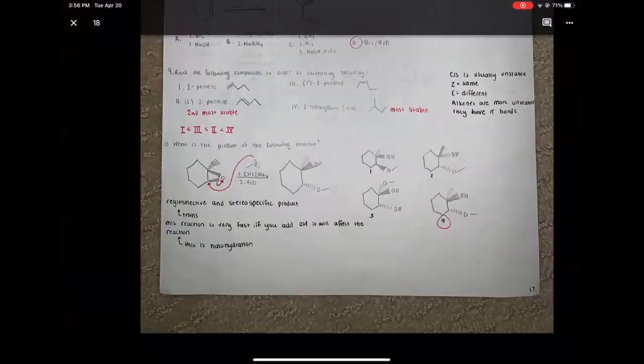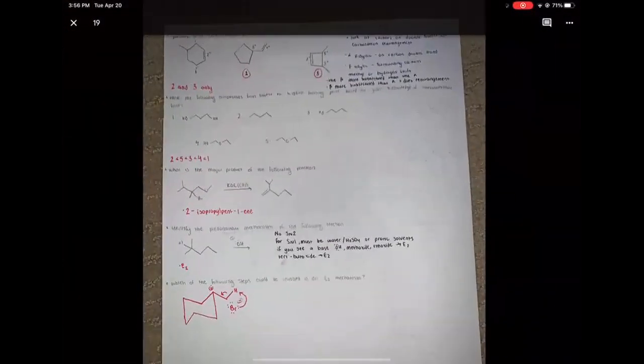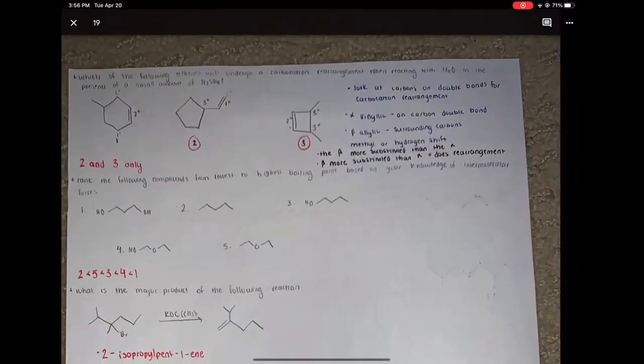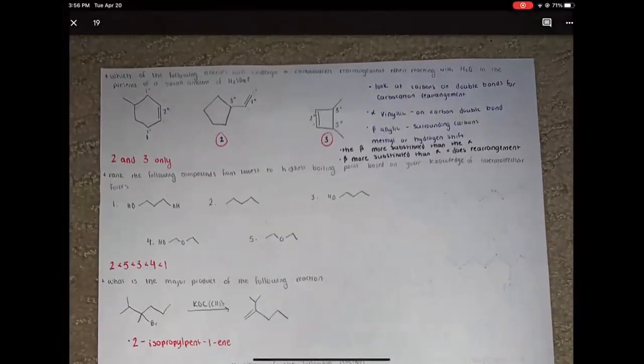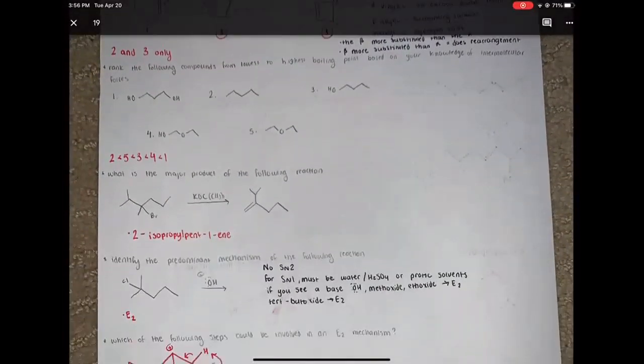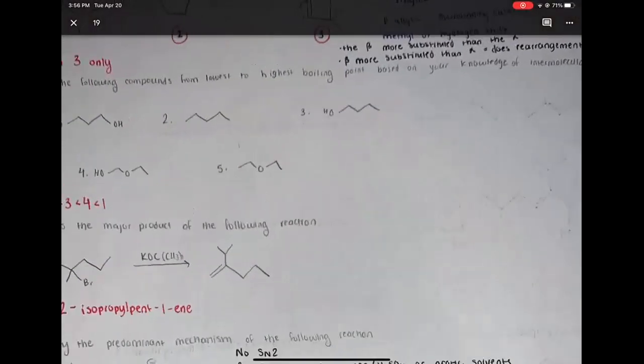Okay, awesome. Let's go ahead and look at the next question, which is the following alkenes carbocation arrangement. Okay, this one, I definitely see you guys getting a question like this. Rank the following compounds from lowest to highest boiling point based on your knowledge of intermolecular forces.